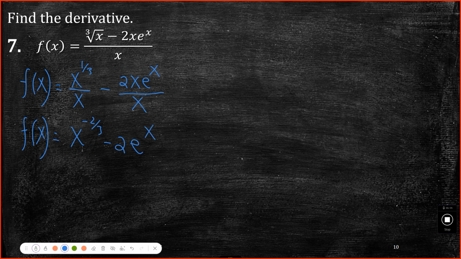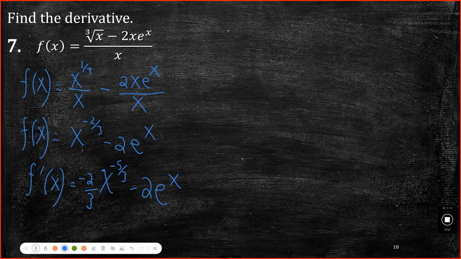And now we can take the derivative of that, f prime of x. And that's going to be what? Negative 2/3, and then minus what? Minus 3 over 3, which is minus 5/3. And then minus 2 e to the x. And this has got to go to the bottom.